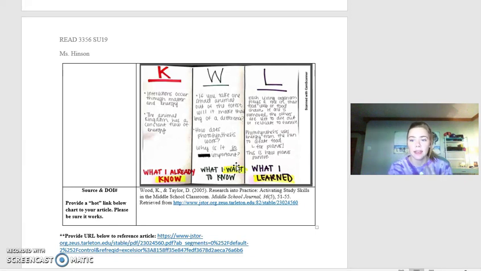That's how I think. I am a very organized person, and especially when it comes to notes, I want everything to be in an order where it makes sense. And not that I would necessarily ever force all of these column charts, if that's what you want to call them, onto my kids.